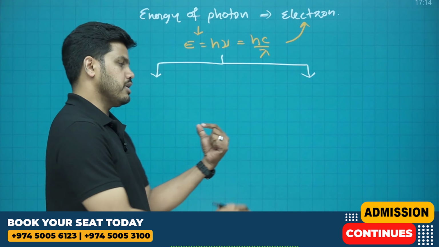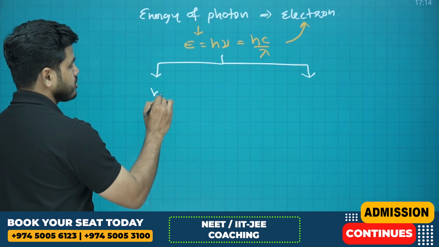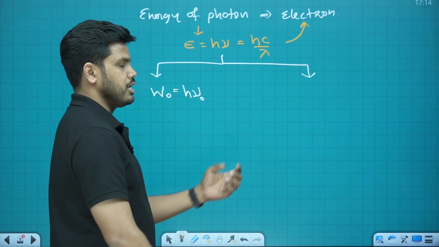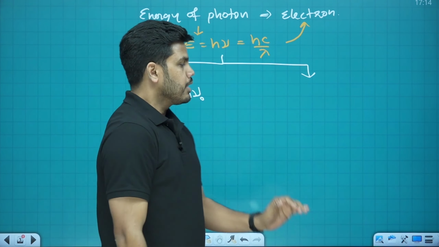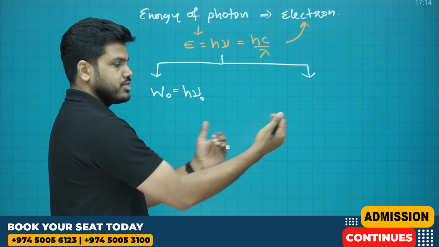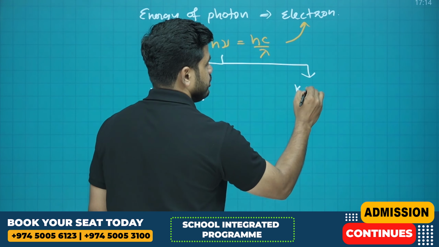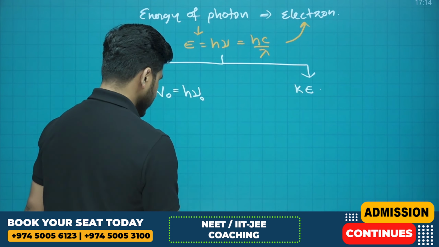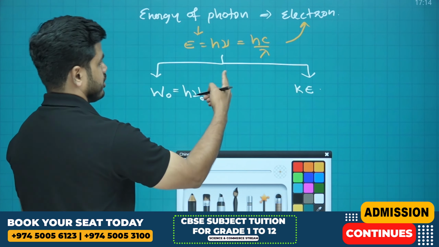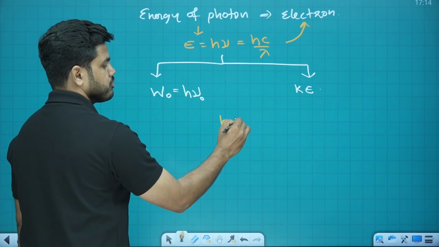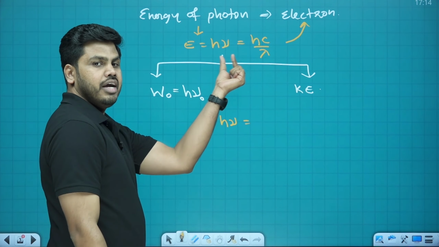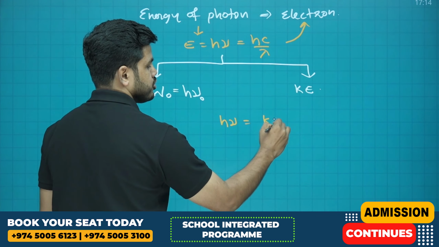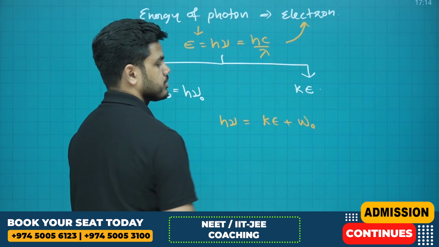For that, it requires an energy equal to the work function of that photosensitive material. If excess energy is there, that will be used as the kinetic energy of the electron. That is how Einstein obtained the relation: h nu, the energy of the incoming radiation, is equal to kinetic energy plus the work function.